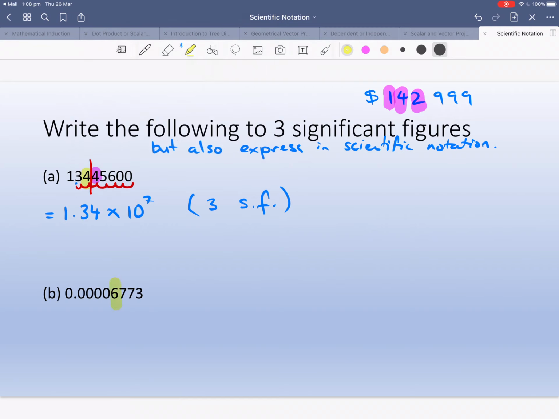So that's this one, and this one. I need to put a point there. So I'm going to write this down: 6.773. Oh, no, that's the three most significant, these ones. So I don't need to put 4 numbers. Just like here, I only need to put 3 numbers in.